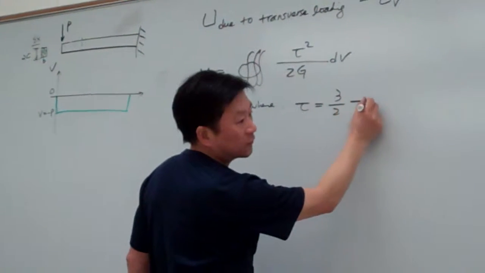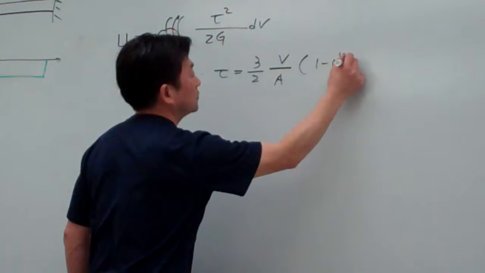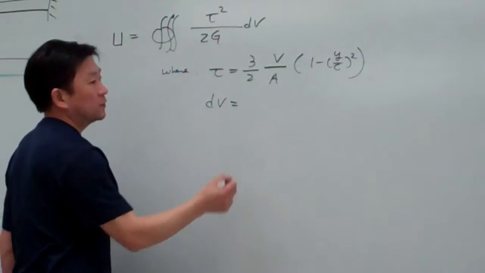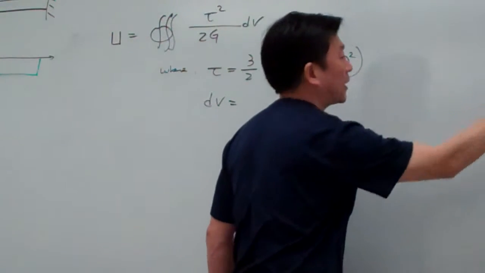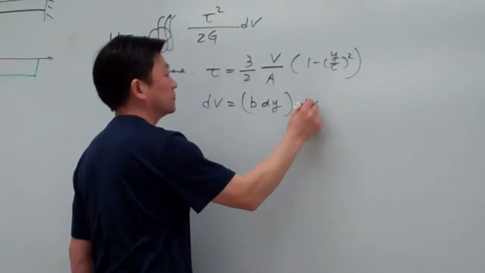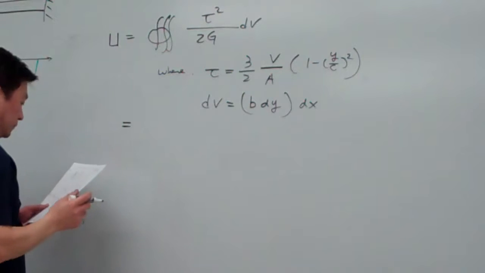So tau is 3/2 V over A times 1 minus y over C squared. And dV, using our notation, is B dy dx. So for this case, we can implement this.